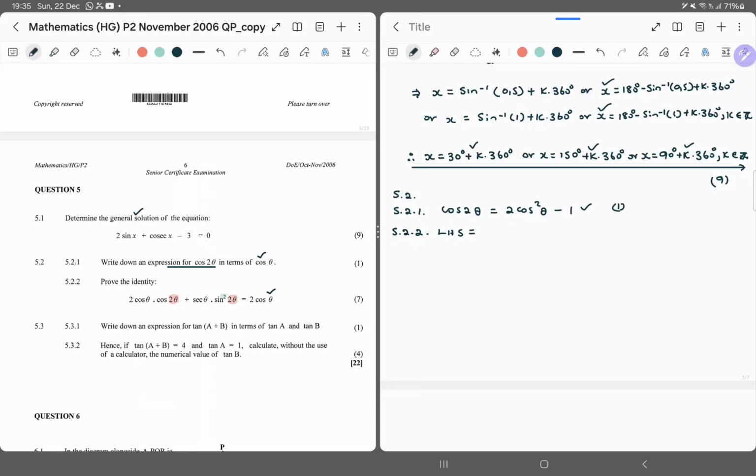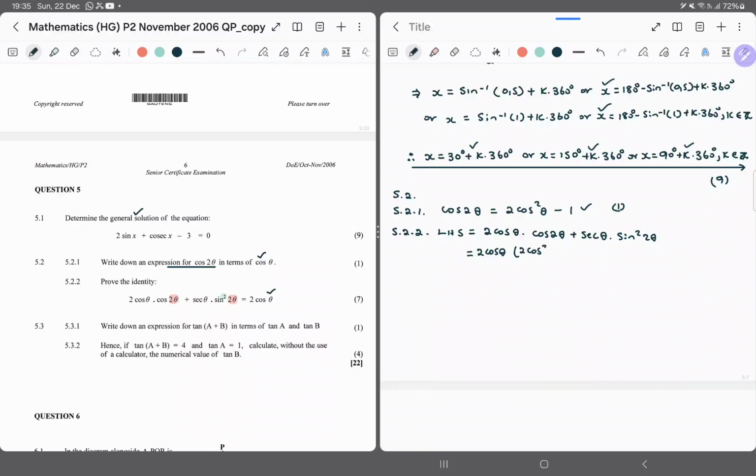Left-hand side equals 2 cos theta times cos 2 theta sec theta times sine squared 2 theta. Okay, now let's sort it out nicely. This is equal to, there's nothing we can do with cos theta, but cos 2 theta, we can do that.